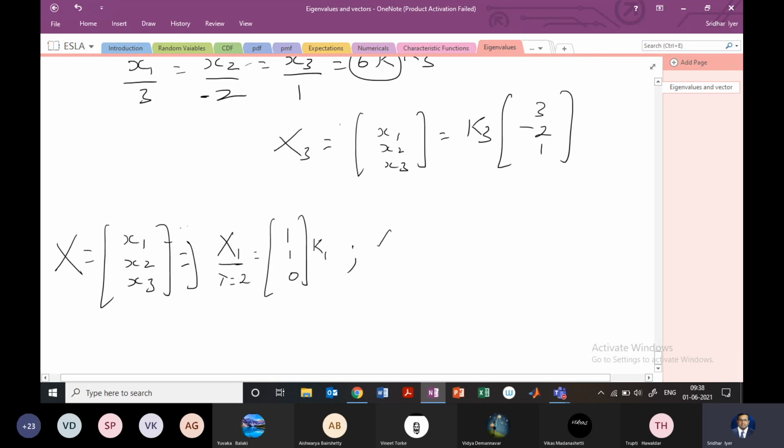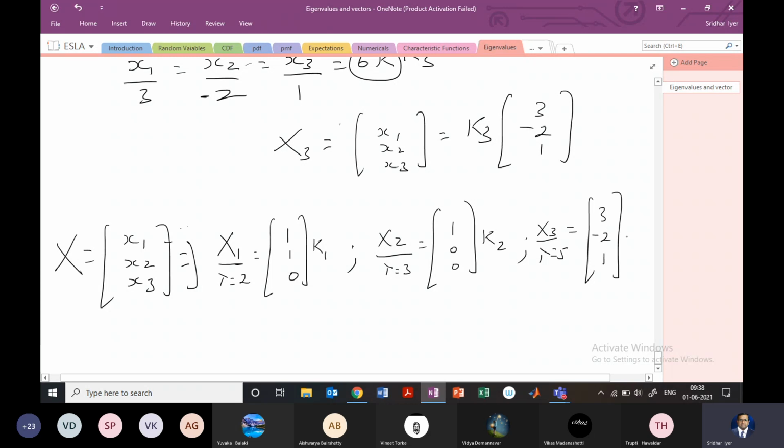Then we have x2, which corresponds to lambda equal to 3, and that value is from equation 2, which is 1, 0, 0 multiplied with k2. And then you have the third value x3, which corresponds to lambda equal to 5, and that value we have just found is 3, negative 2, 1 multiplied with k3.